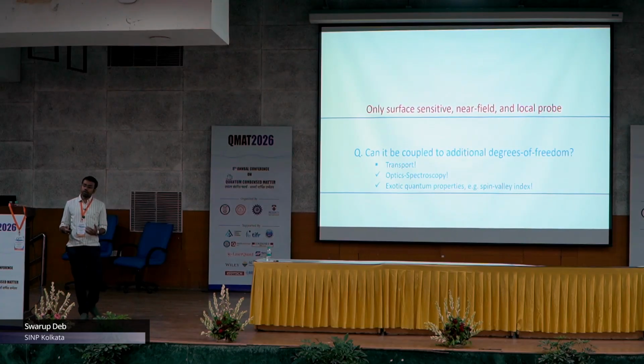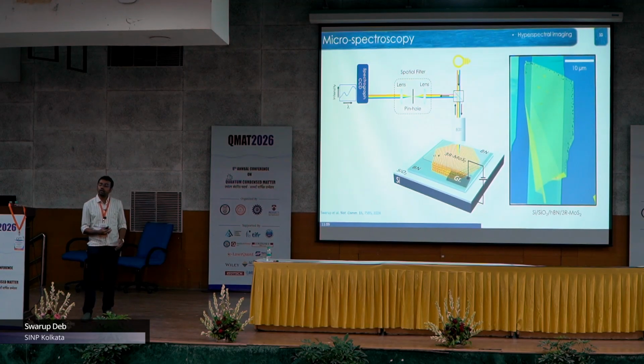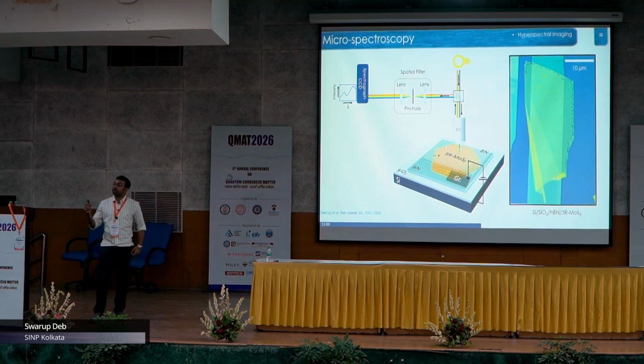The motivation was of course this fundamental question, but it was also backed by the development in the field. By the time I was there, one of the companies, HQ Graphene, can make these 3R crystals now. So you can buy these ferroelectric bulk crystals and exfoliate them down to monolayer, bilayer, whatever you want.